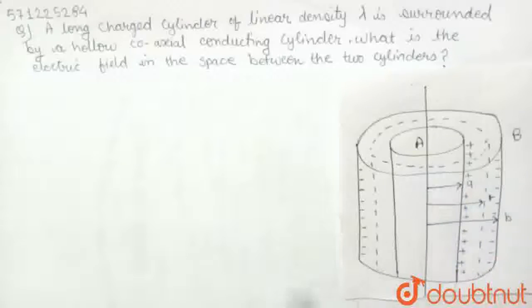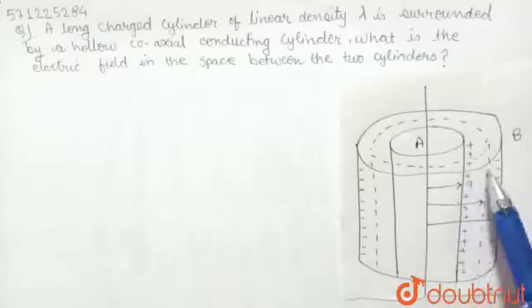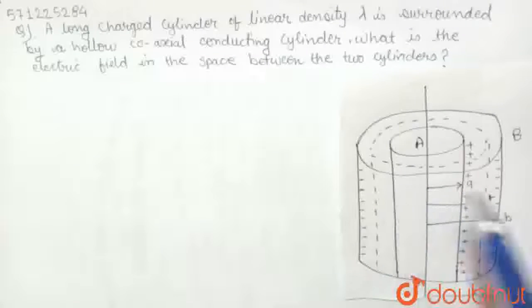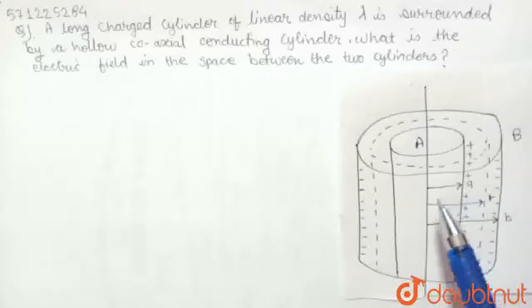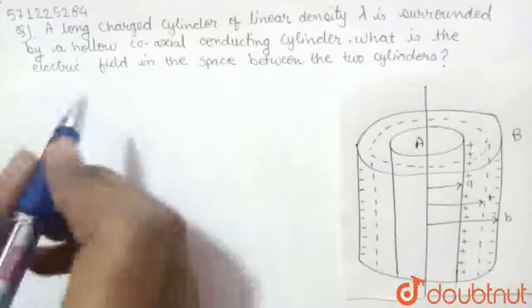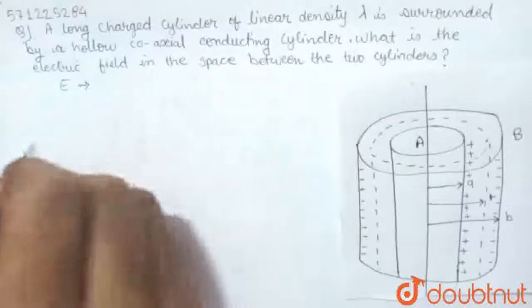By applying Gauss theorem we need to first find the electric field in the space between these two shells, and then find the potential difference between the cylinders A and B. Let the radii of the cylinders be R_A and R_B respectively. Let E be the electric field produced in the space between the two cylinders.